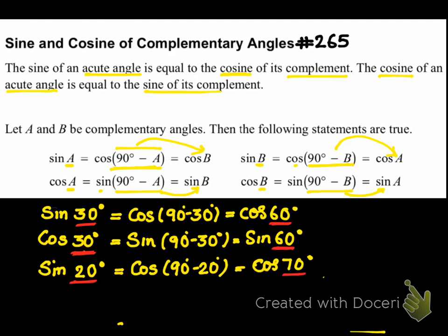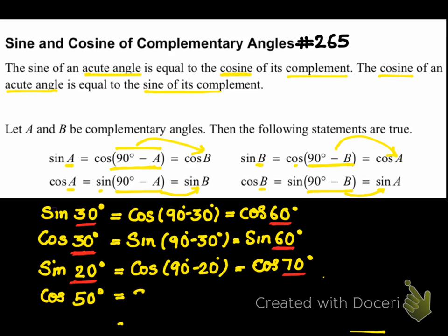So I'll just give you one last example. Suppose I say cosine of 50 degrees, can you think about it? You can pause the video again, do your work, and check whether you get the correct answer or not.